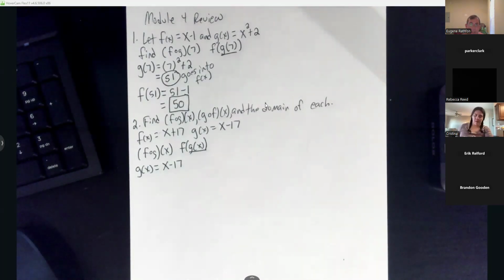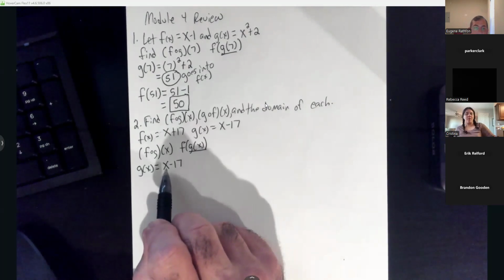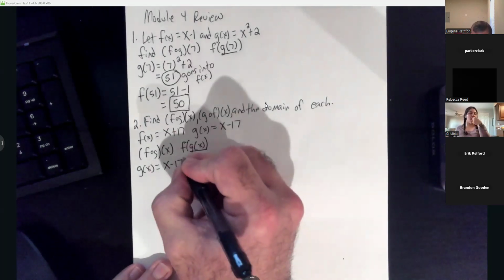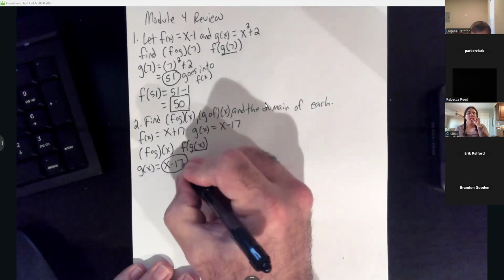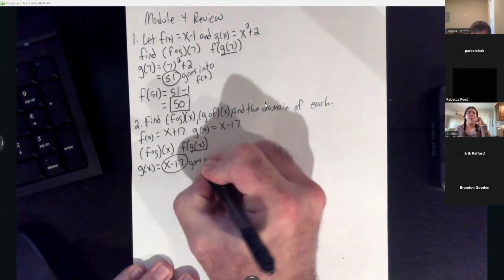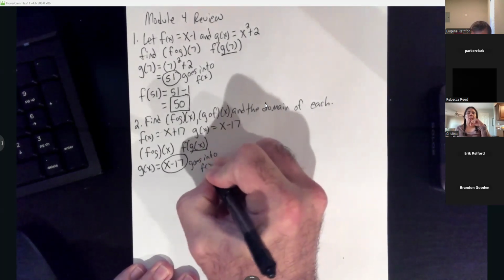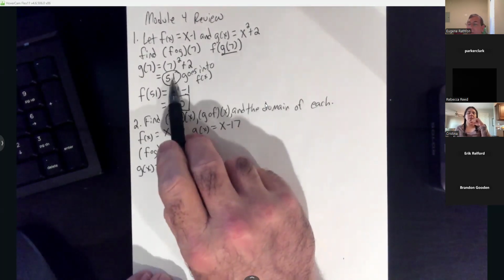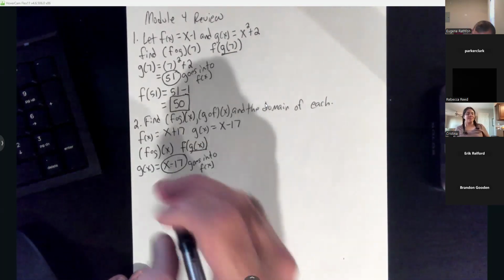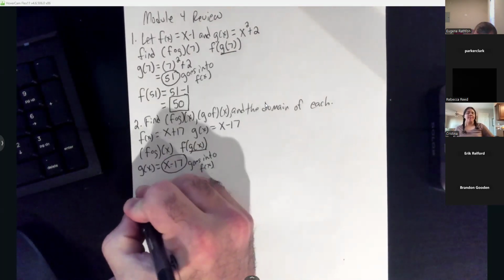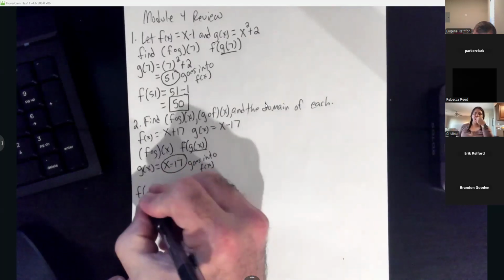They did not give me a number to plug into it. So since they didn't give me any numbers to plug in for the x on this one, I cannot do anything to it. So this whole thing right here is going to go into f of x, just like up here when I had the numbers, okay? So we're going to put the whole thing into our f of x. So that means we're finding f of x minus 17.